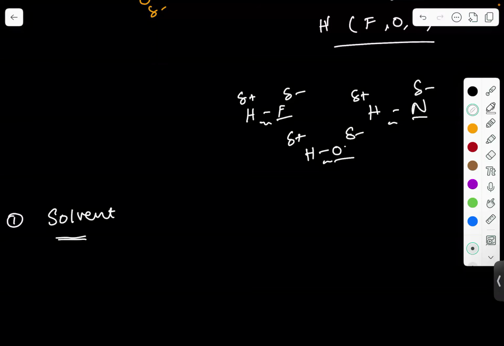So why is it a good solvent? Okay, let's look at salt. Salt is NaCl. Salt, when you dissolve it in water, Na is positive, chlorine is negative. You've learned this in your chemistry from O levels, right? Positive ions, negative ions, correct?